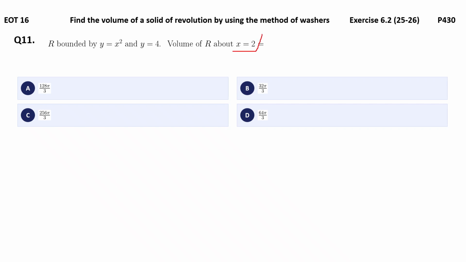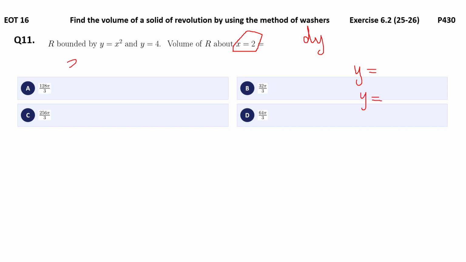Let's find the volume about x equal to 2, which is parallel to the y-axis. So our focus should be that the function should be in terms of y, and also the values of the upper limit and the lower limit in terms of y.